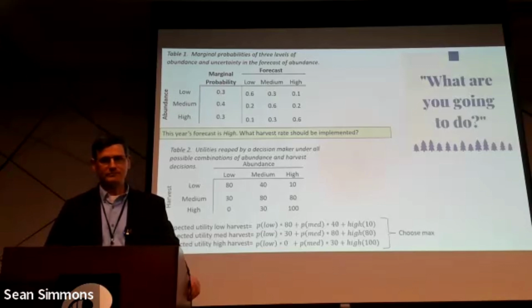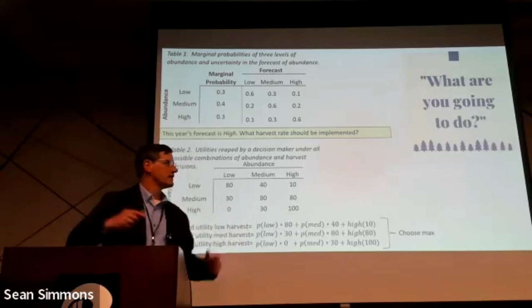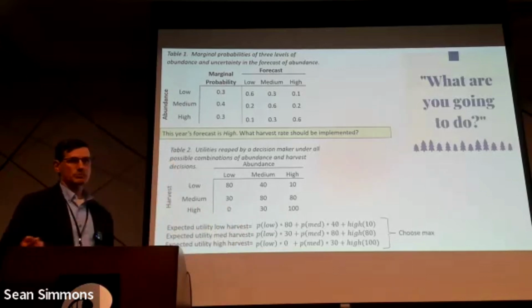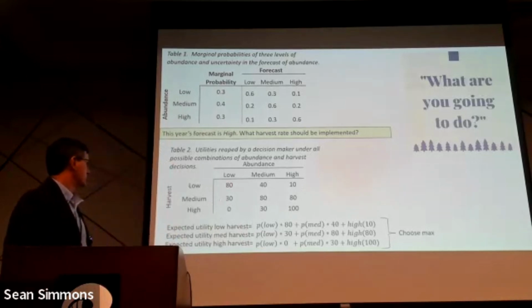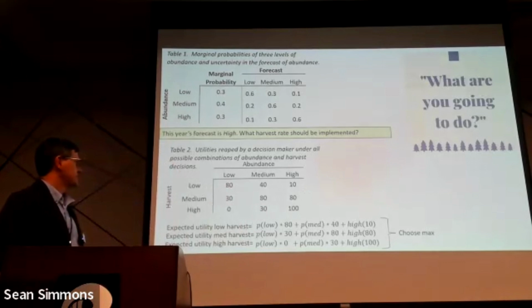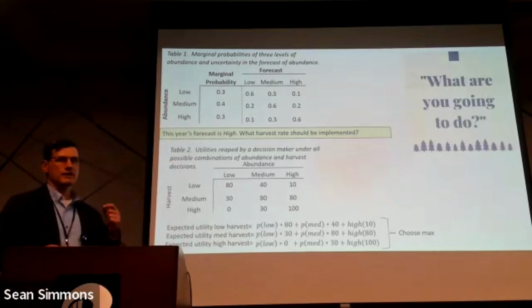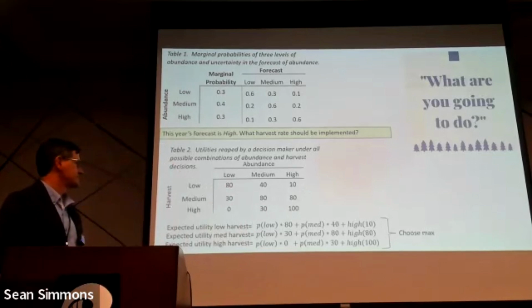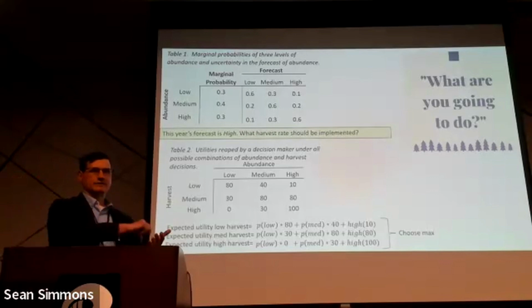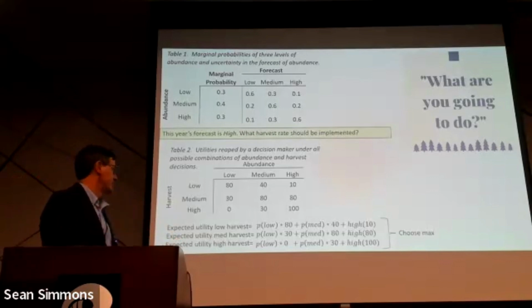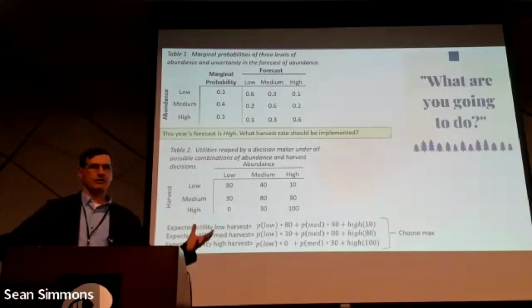I think what you would probably want to do is arrive at a social process of stakeholder engagement in which you get people to agree on these values, and then you run the analysis on the consensus table of utilities, as opposed to each individual being able to say whatever they want on this table and then averaging across all the people.